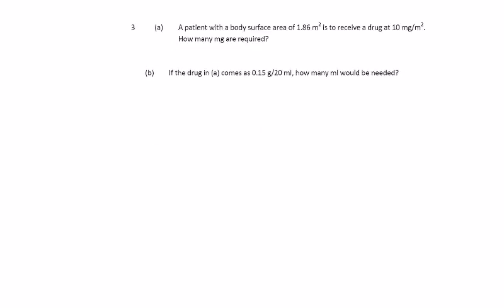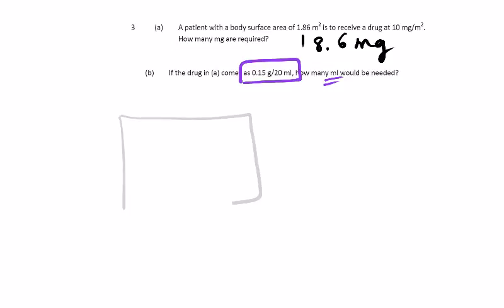So we have the answer in A, which was 18.6 milligrams. Now B says the drug comes as 0.15 grams per 20 mils. So how much is the patient going to need here in milliliters? So it's another one of those problems where we're going to draw our box and enter the have and the want.